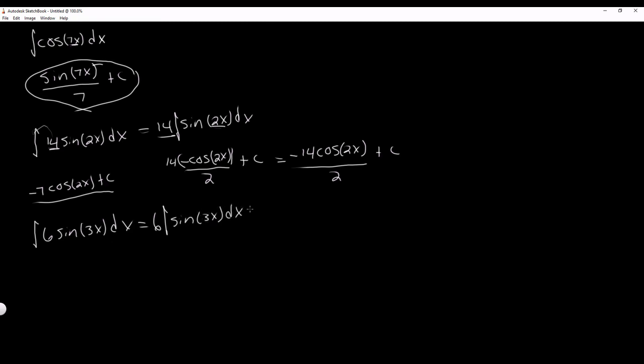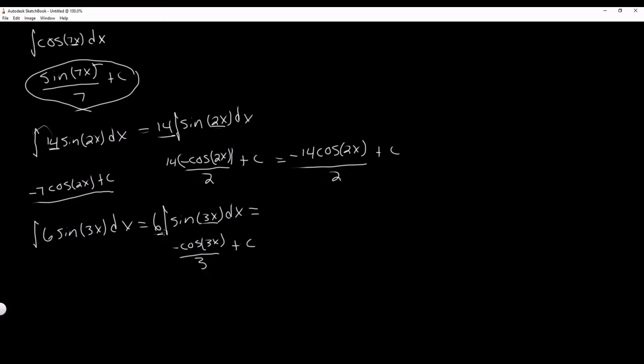And we know that the integral of sine is negative cosine. So we will say that negative cosine, we keep the angle the same, of 3x divided by the derivative of the angle, which the derivative of 3x is 3. So divide by 3 plus c.